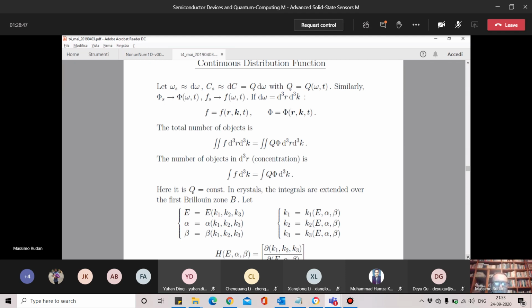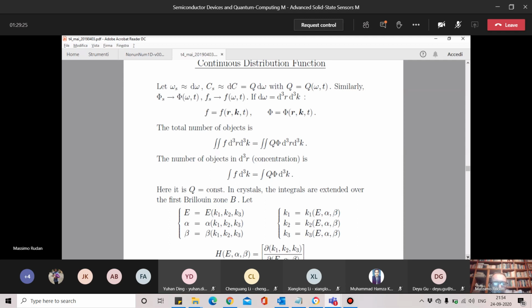And for the moment, we think of it as the elementary volume of the space, okay? Because of this, also CS, that, you remember, used to be the number of seats, okay? Becomes equal to an infinitesimal quantity that is the density Q times d omega.